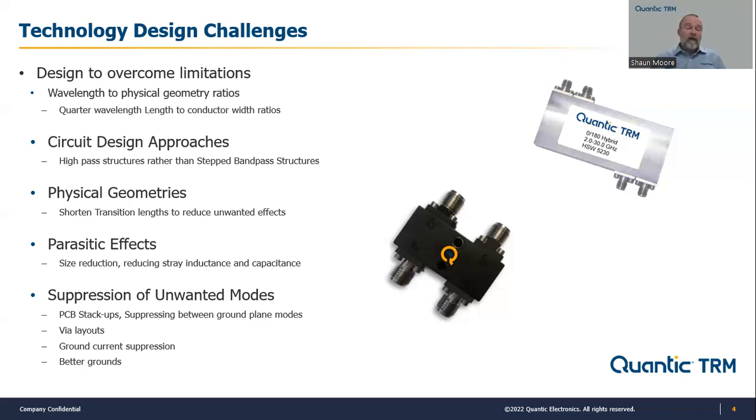So things like PCB stack ups, board spacing, the overall thickness of the PCB stack up between layers of the active layer, the via layout of what we have for the ground structure, the spacing between the vias, all these sorts of things really play into suppressing unwanted modes. And the higher and higher frequency you go, the more critical these things become.